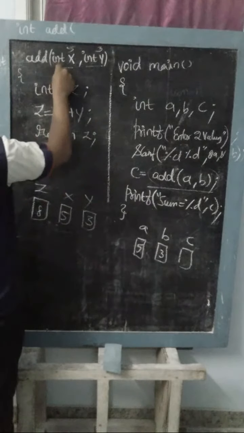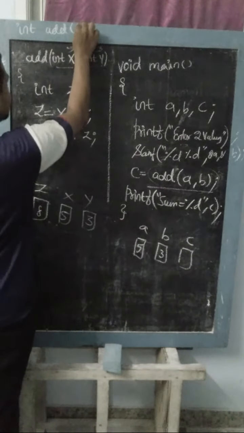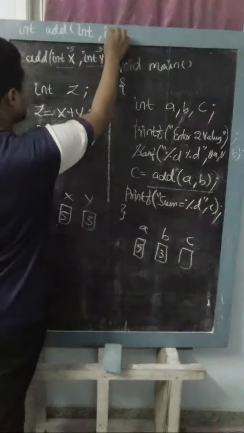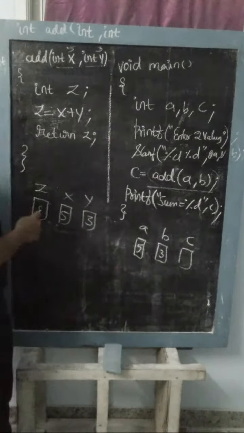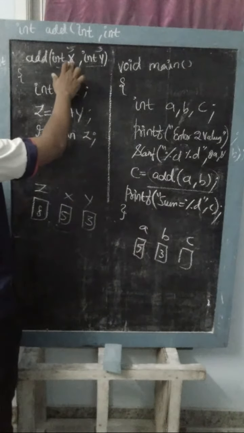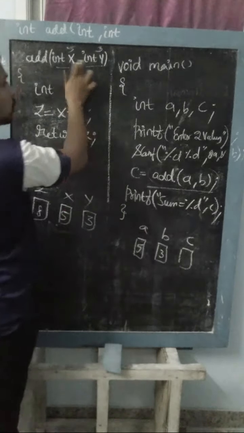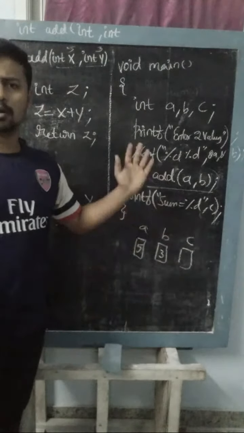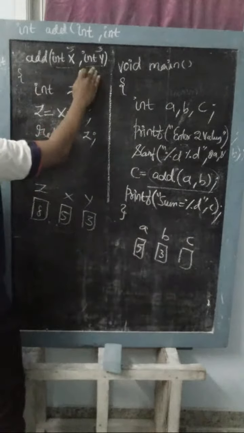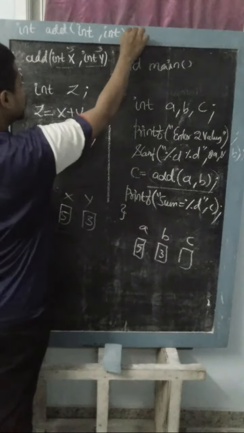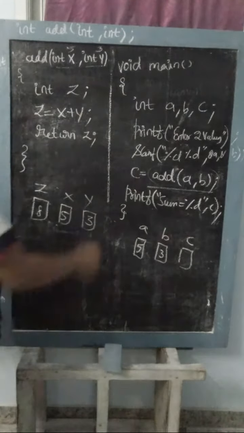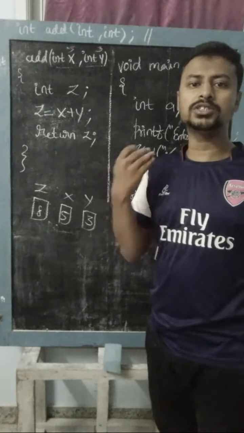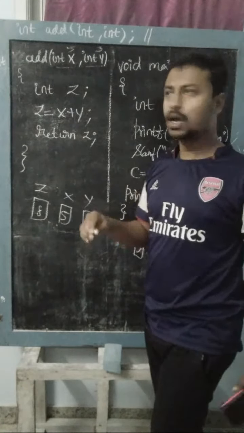What is the first argument type? Integer. What is the second argument type? That is also integer. Right? You don't need to write the variable names. If you mention the variable names, that is not a problem. So there are 2 integers, and you have to give a semicolon here. It is called a function prototype or function declaration.